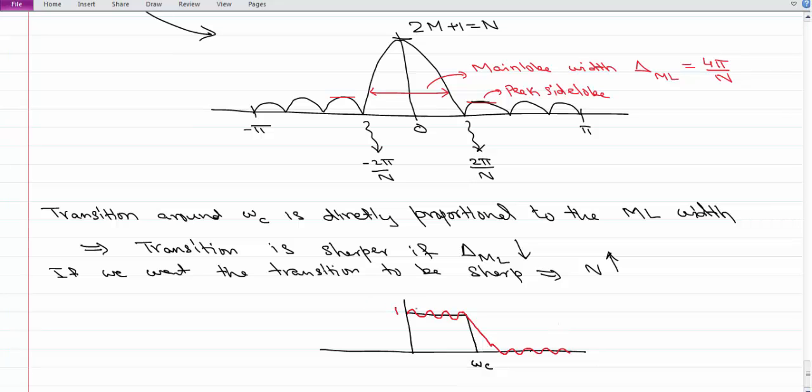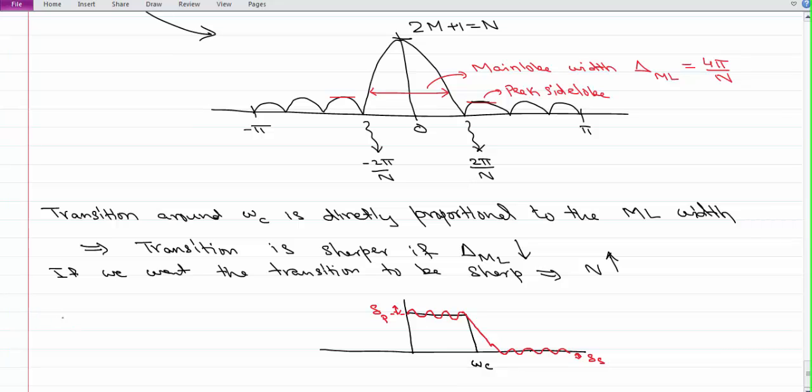The size of these ripples in the pass band is called δ_P, and the size of the ripple in the stop band is called δ_S. In the case of the rectangular window, δ_P is equal to δ_S.